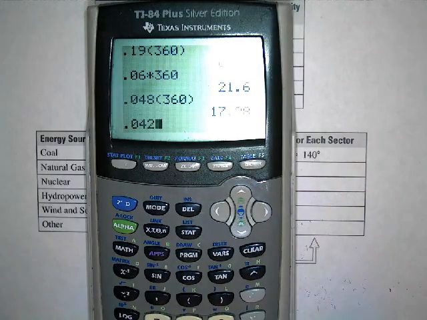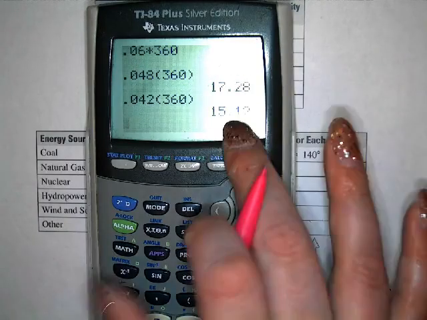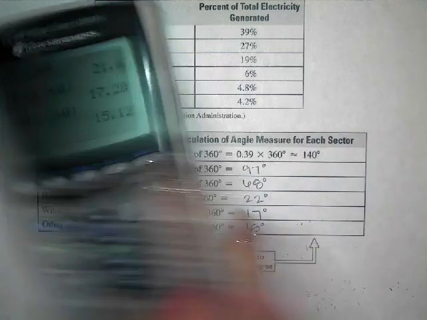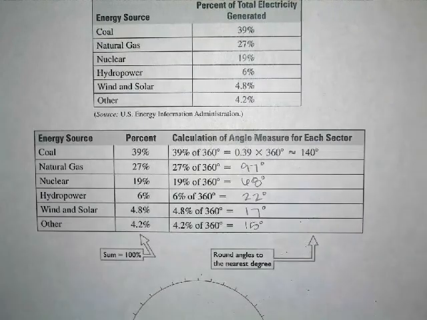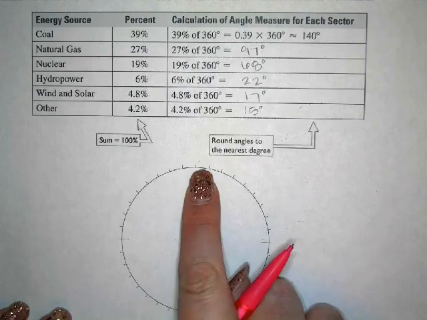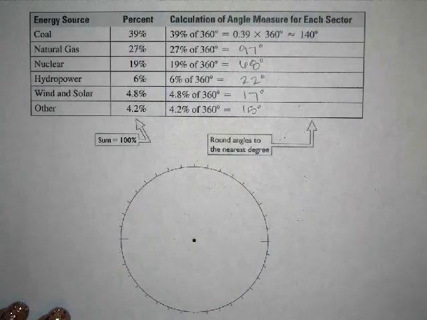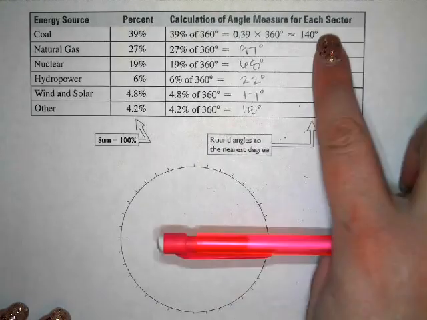Now, in this drawing of a circle that I gave you, each of these little markings goes by 10 degrees. So whenever I have something like this to draw, I'm always going to start with what is easiest to draw first, and 140 degrees is going to be the easiest for me to draw first.